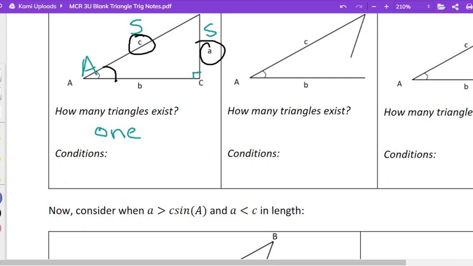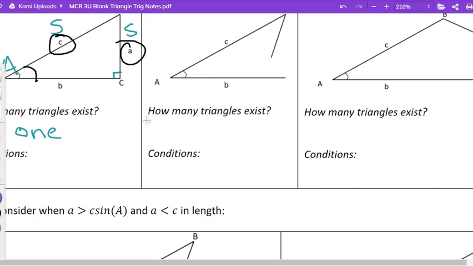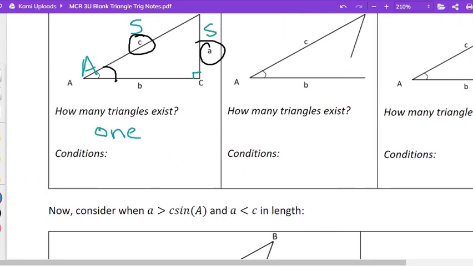In order for this length to be exactly the right length to create a 90-degree angle, let's do some work on the side. This would be opposite, this would be hypotenuse. So sine A is opposite over hypotenuse, and to find a, it would have to be c times sine A.